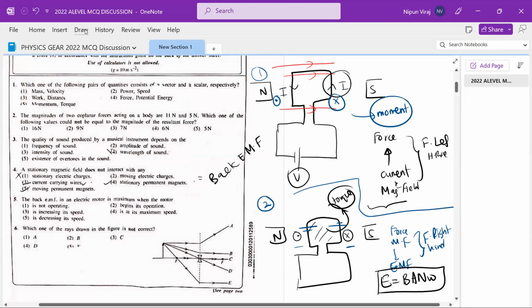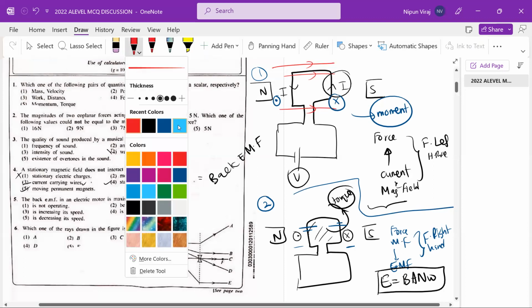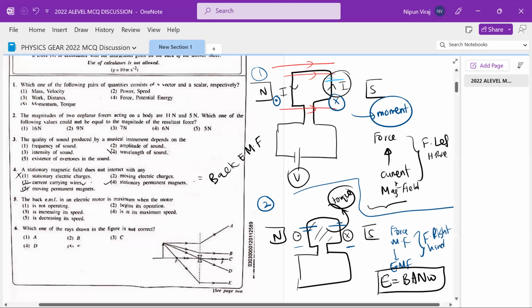Did you understand that? I'll draw it in this color. See, this voltage is produced, this current tries to flow in this direction, but this thing tries to oppose that. That is why it is called back EMF.